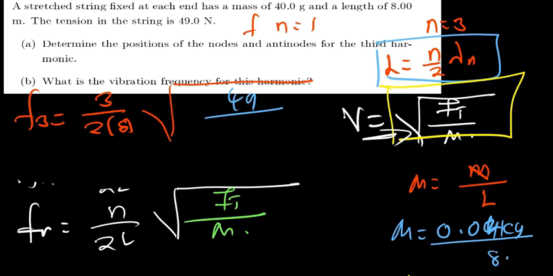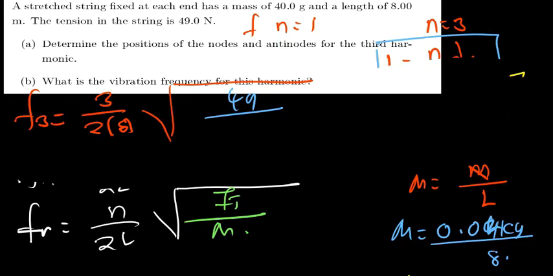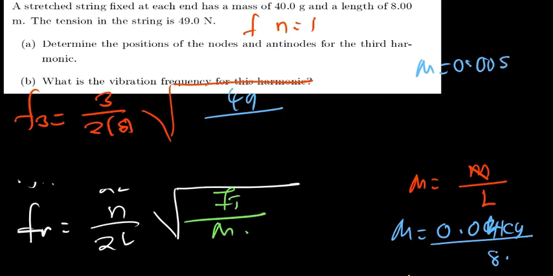So our mu value will be equal to 0.04 kg divided by 8. That is 0.005, so it is in kg per meter. That is the SI units for the linear density.